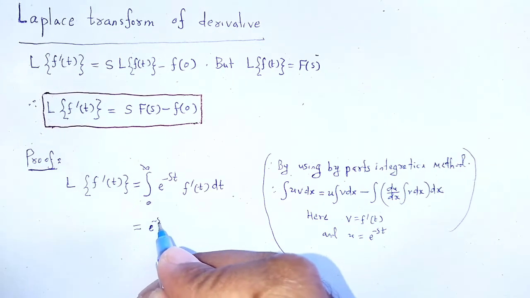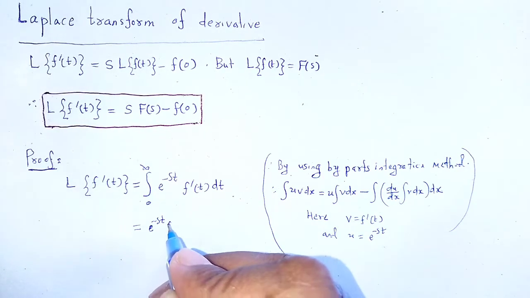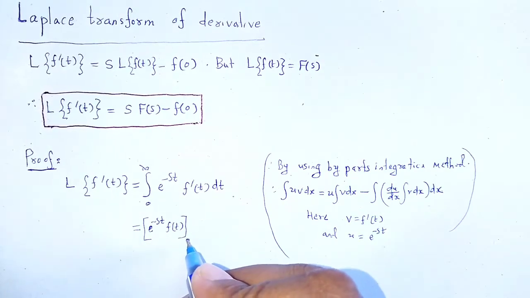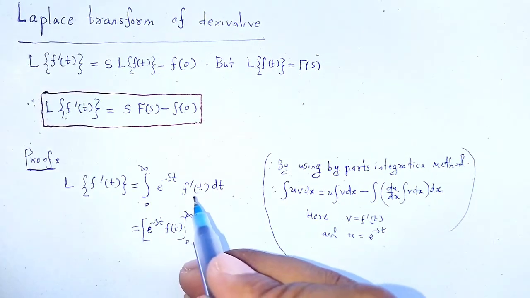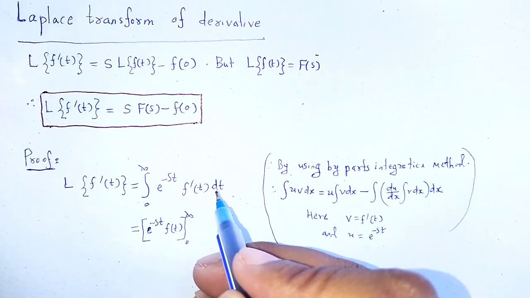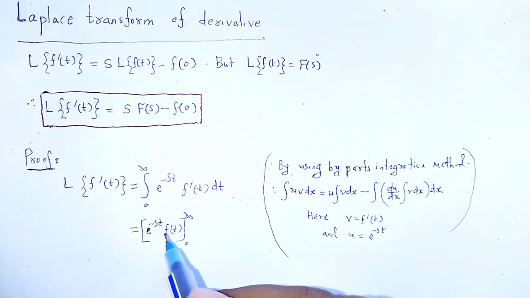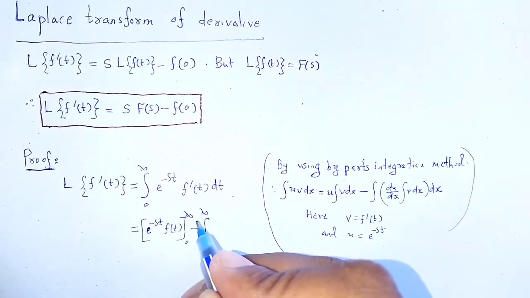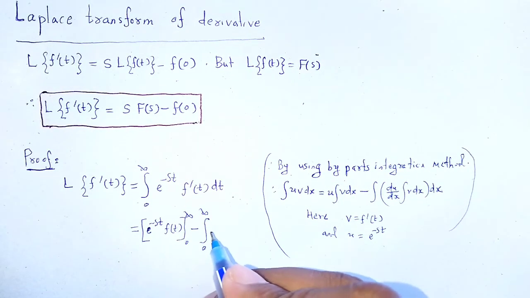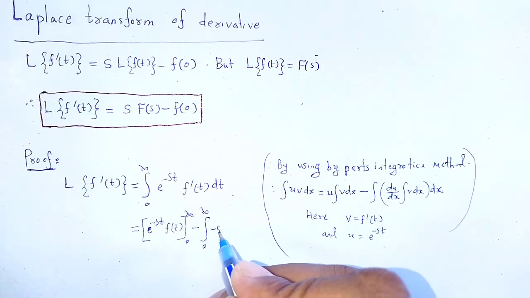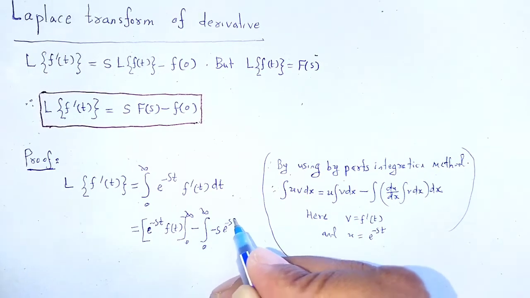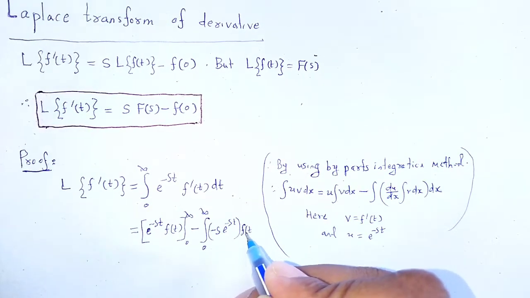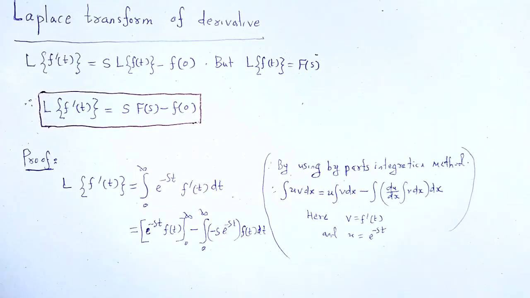e to the power minus st f of t, limit from 0 to infinity, as the integration of f dash t with respect to dt, the result will be f of t, minus integral from 0 to infinity of the derivative, minus s e to the power minus st, times the function f of t dt.